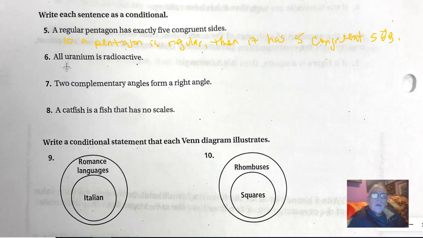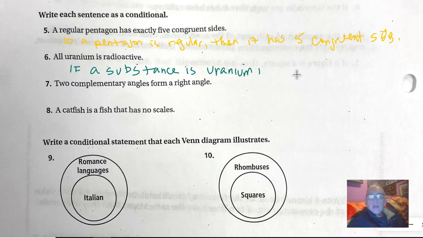So if a polygon is regular, then it has 5 congruent sides. All uranium is radioactive. If a substance is uranium, notice I reworded a little bit, then it is radioactive.